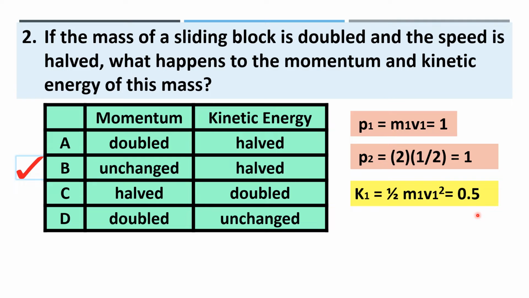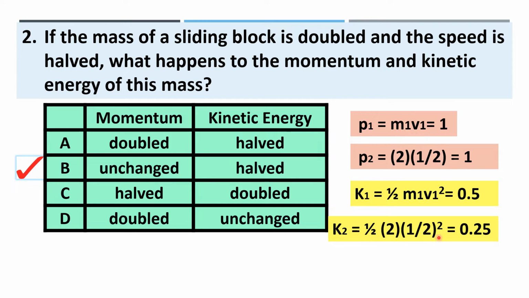Then what's going to happen to the kinetic energy if the mass is doubled and the speed is halved? Our illustration would be in this manner: 1/2 times twice the mass. We set the initial mass as 1 unit. Now we have here 2. And for the speed, it's now half, but you've got to square it.